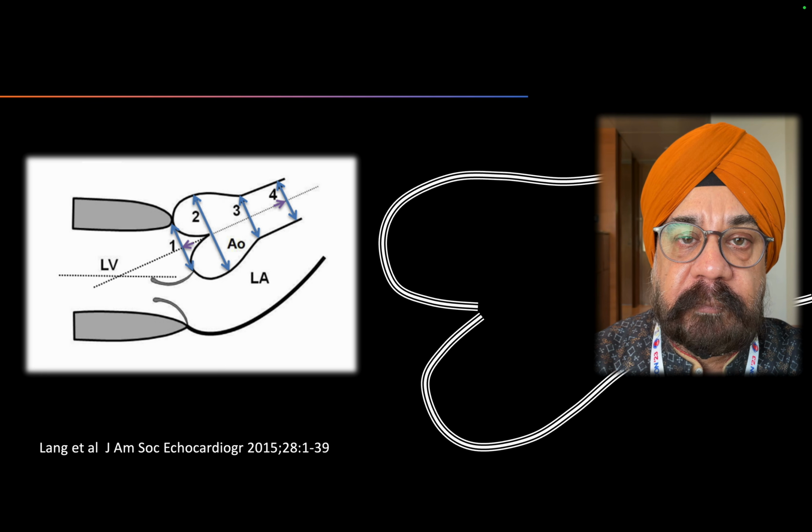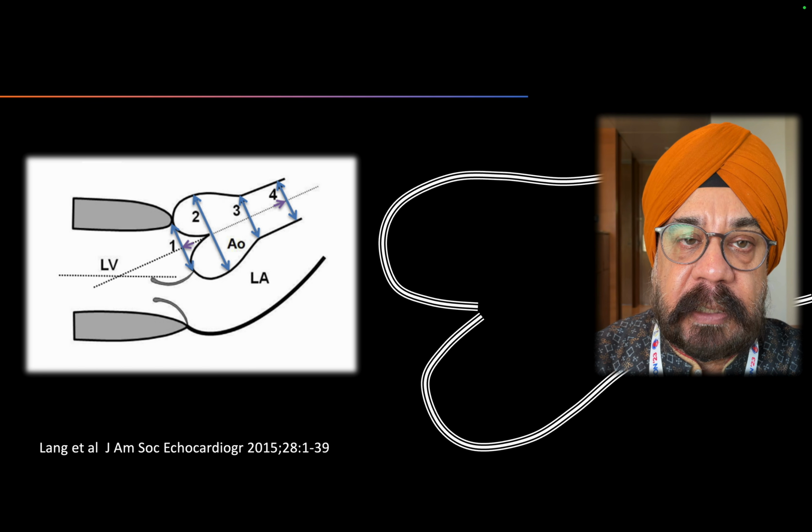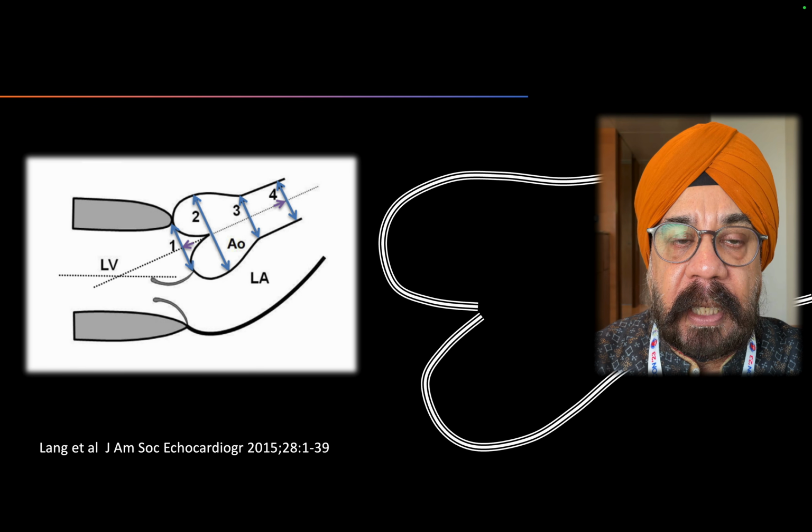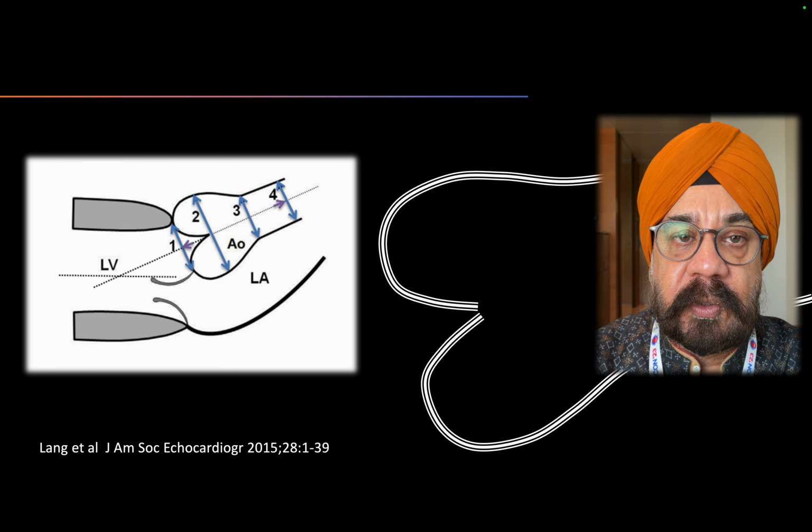In the past, we went back to inner edge to inner edge, but now we've recognized that most of the studies in the past were done from leading edge to leading edge, and we should follow this because that correlates better with CMR and CT angio.